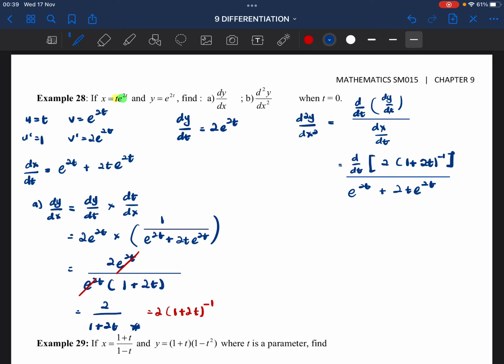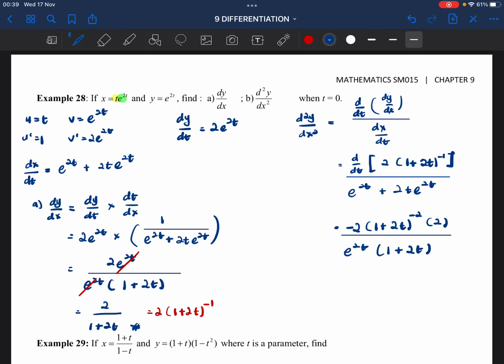Okay, so now we are going to differentiate this part with respect to t. By using the power rule, bring the power to the front, copy the inside again, power minus 1, and differentiate the inside. The denominator, just copy it again: e to t, or we can actually factorize. Here we should have 1 plus 2t.